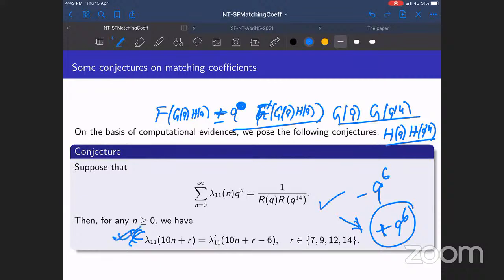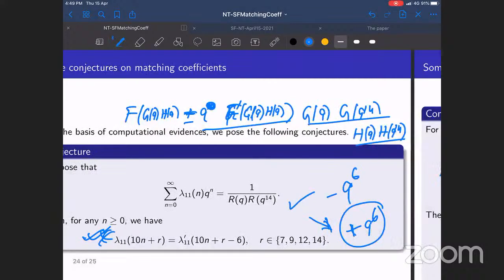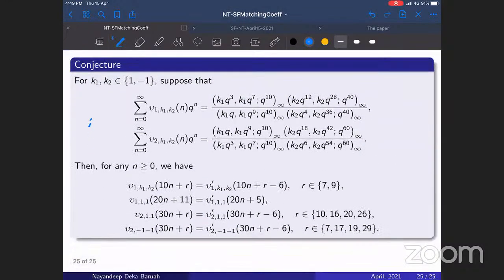Okay. But we have checked this for a very large power of Q, and we have seen that this holds. So we conjecture it. Similarly, there are more results that again involve Rogers-Ramanujan functions, but it is a combination of many different functions.